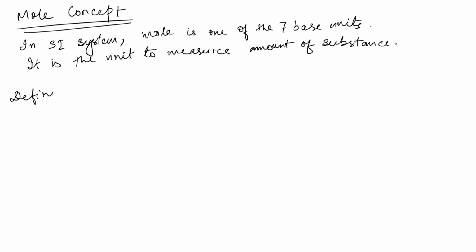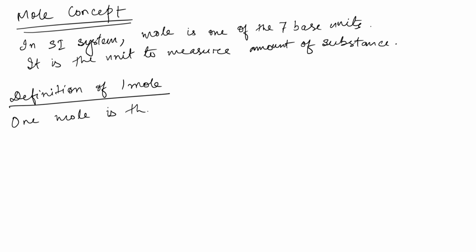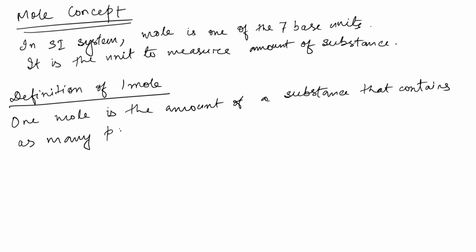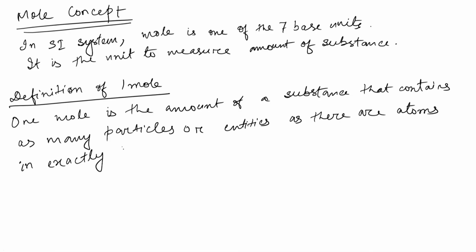So, definition of 1 mole. So, 1 mole is the amount of a substance that contains as many particles or entities as there are atoms in exactly 12 grams of carbon 12.